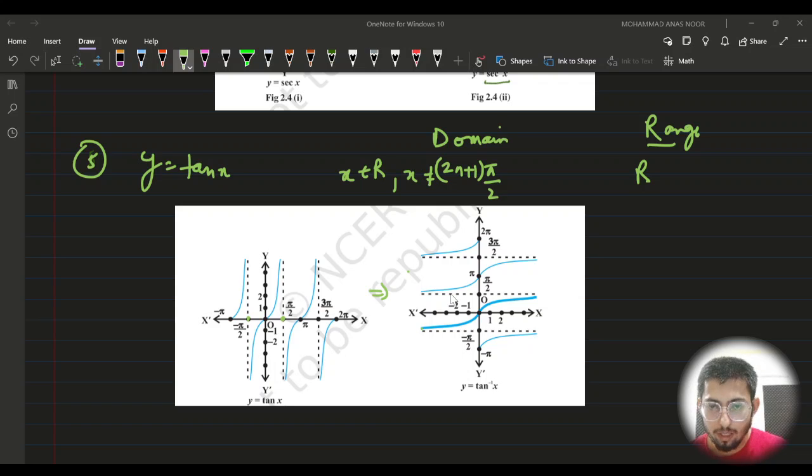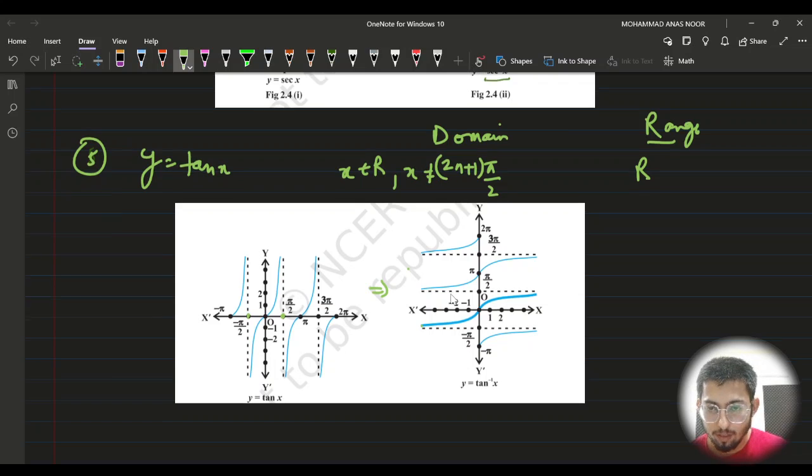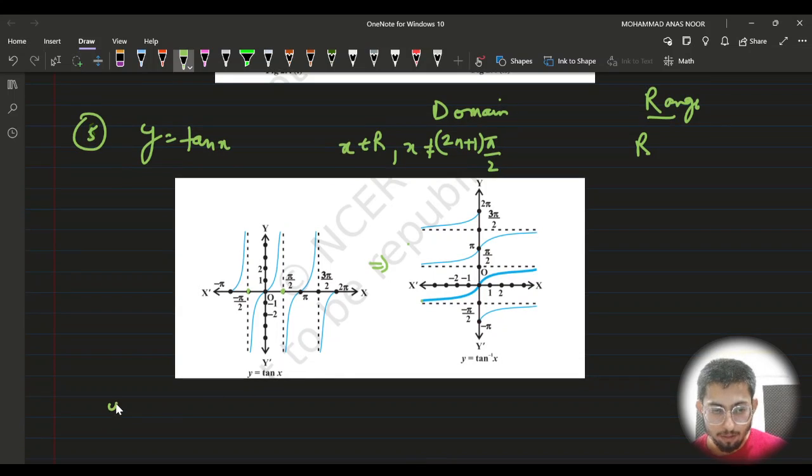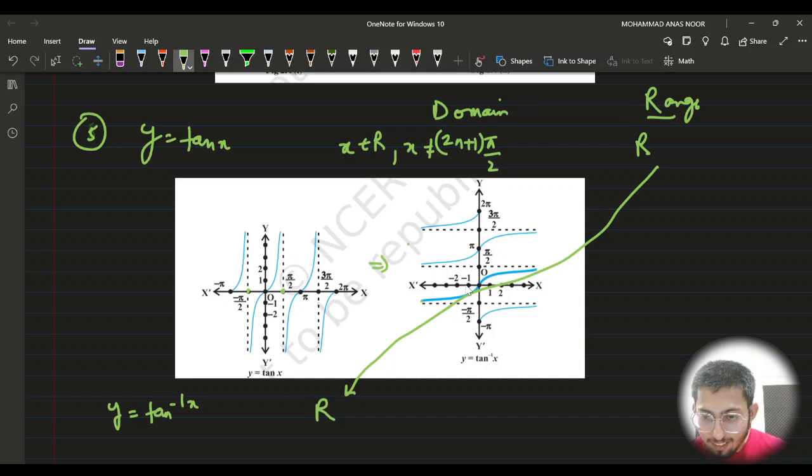So how can we write this? Make y equal to tan inverse x, so the domain will come here. This would be the real numbers. You can see that the x value for tan inverse x can be any value, right? What would the range be?